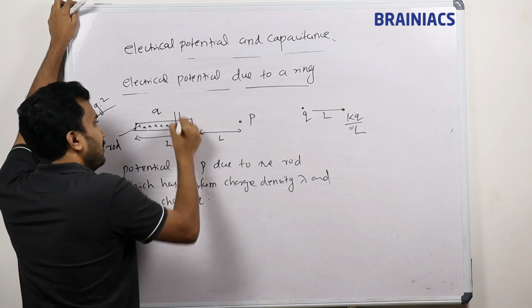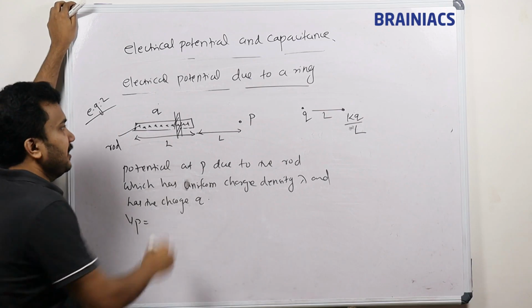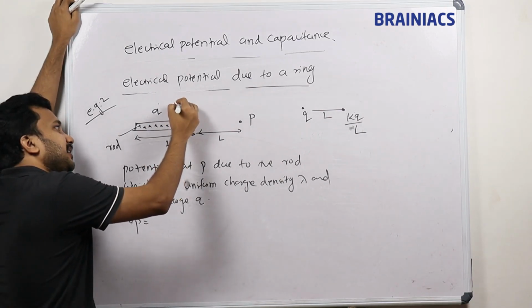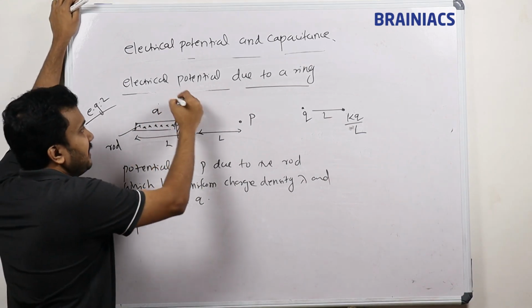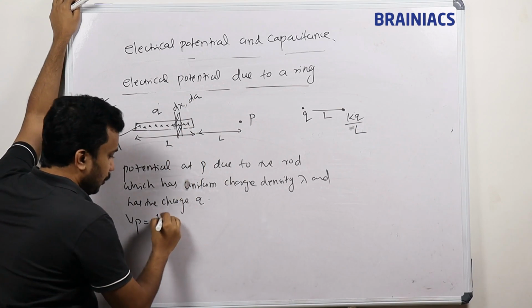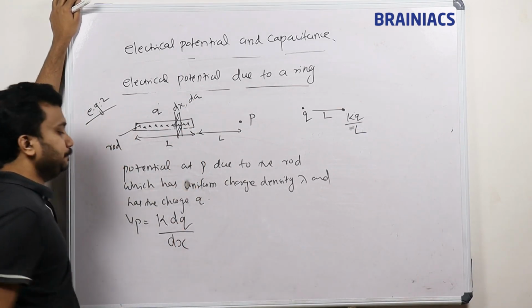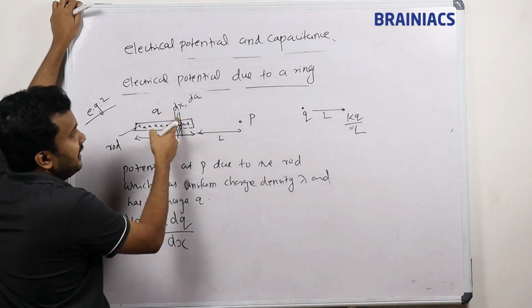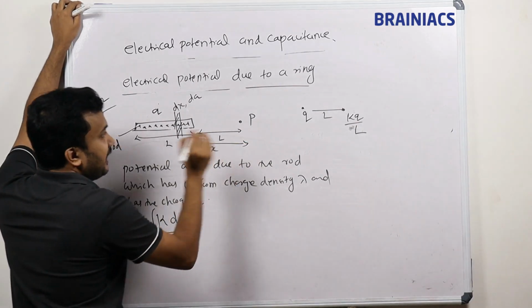I will take a small strip here, as in continuous charge distribution cases, whose length will be a segment dx. So potential at P due to the dx, which contains dq charge, will be k into dq divided by distance. And we have to integrate this dx, which is at a distance of x meter away.